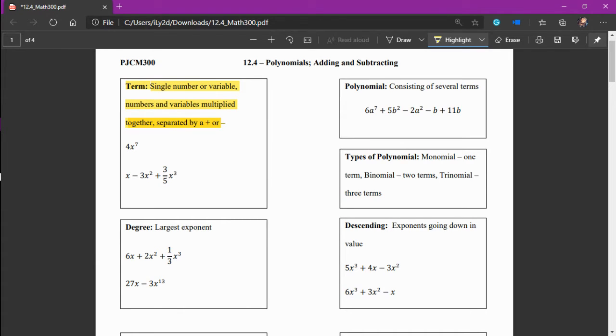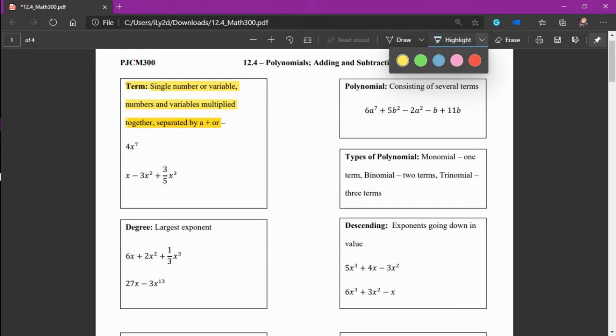Anytime you hear me say it, I'm referring to either a single number or variable, or to numbers and variables that are being multiplied together. And if you have terms inside of a parenthesis, or just written next to each other, you know that you're looking at different terms when they're separated by a positive or a negative sign.